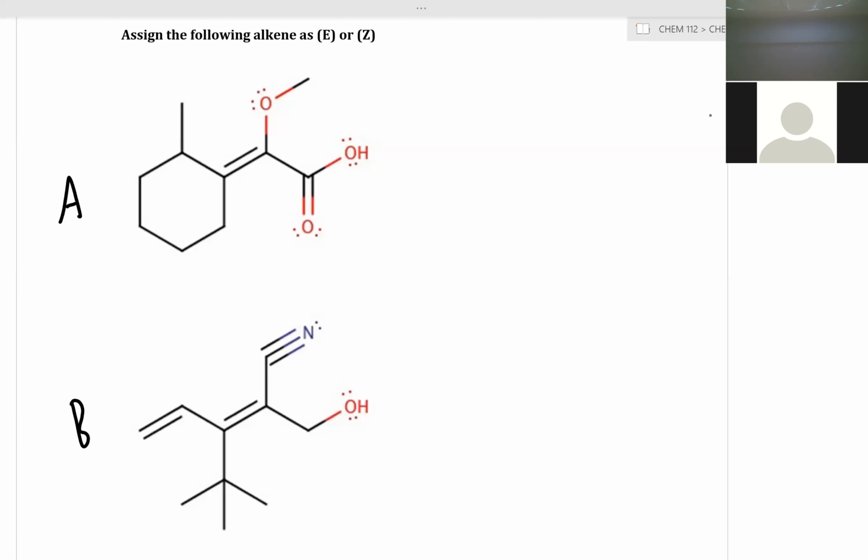As almost the entire class has responded, let's discuss A first and foremost. When assigning priority, you look an atom at a time. So if we compare this oxygen to carbon, what is higher priority, oxygen or carbon? Oxygen.